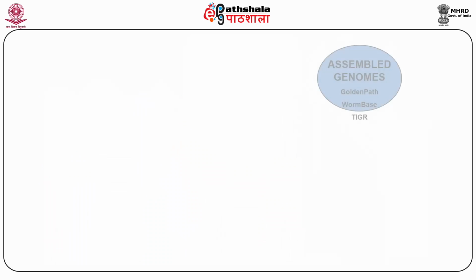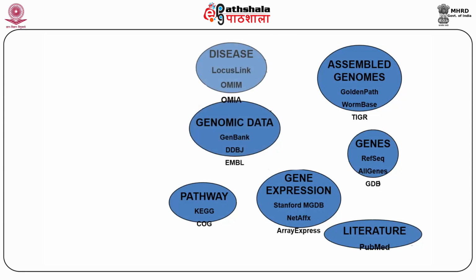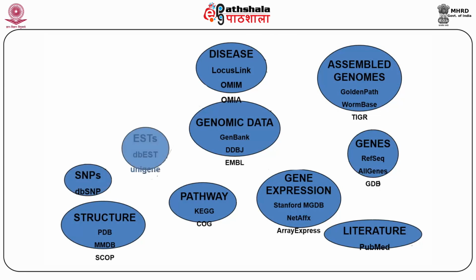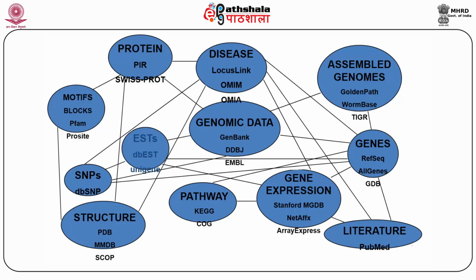It gives you the idea about the integration of the different databases with each other, and each piece of information can be associated with another. For example, protein information on Swiss-Prot and PIR, where you can get information on motifs, blocks, and Pfam. Then the disease link with OMIM, which is associated with SNPs. Then the structure information. So all the databases are actually integrated with each other, and you can get better information once you use the integrated databases.